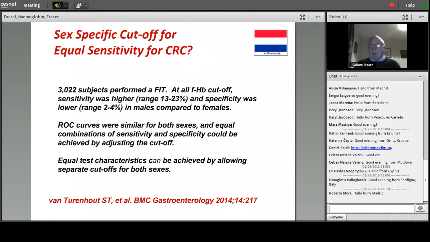However, if one looks at receiver operating characteristic, ROC, curves, they were actually quite similar for both sexes, and we could achieve equal combinations of sensitivity and specificity by adjusting the cutoffs to make them different for the different sexes.